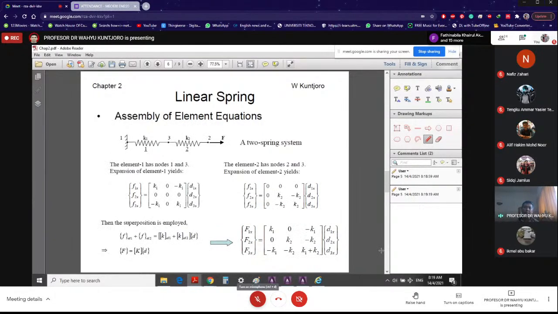And also, yesterday we talked about a spring structure which consists of two springs as what you have over here. And then we discussed how we arrive at this value. So that's what I'm going to explain this morning. How do we construct the element equation and also the structural equation?